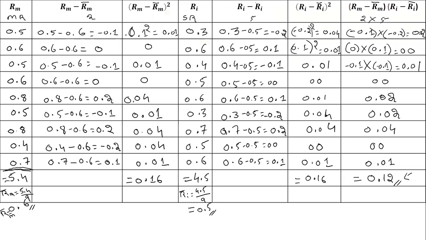Divided by summation Rm minus R bar M bracket square, we got 0.16. So we'll put the value 0.16 and we'll get beta, that is 0.75. So beta for the particular stock is 0.75.